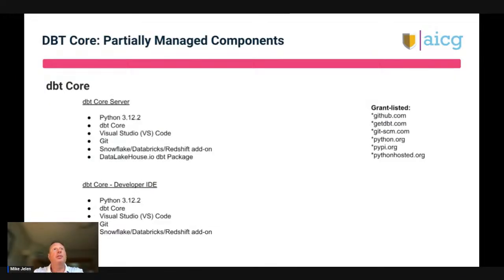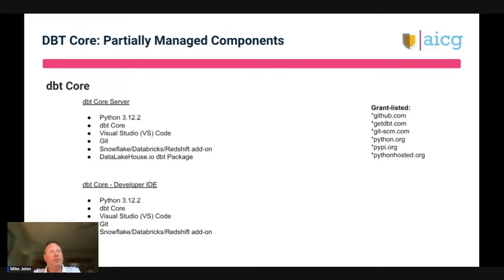When we think of partially managed, we still have a DBT core server. That's going to be the main backbone. And then naturally, each developer will have their own individual integrated development environment. And so there's some software that needs to be installed and configured on the server and the developer machine.